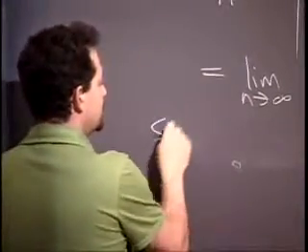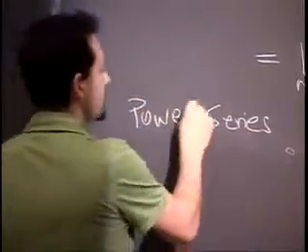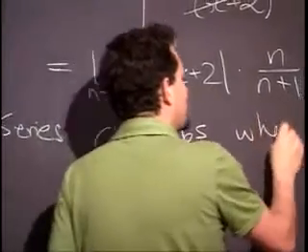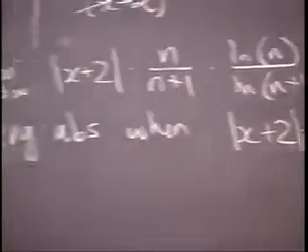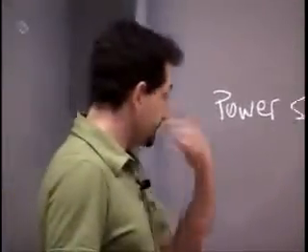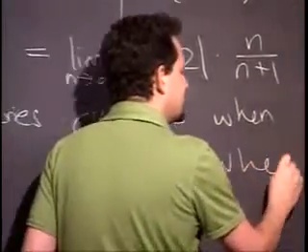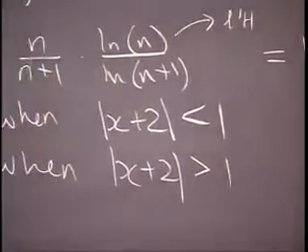The power series, the one in the question, converges absolutely when the absolute value of x plus 2, which is our limit, is less than 1. And it diverges when this limit that we found, absolute value of x plus 2, is greater than 1.